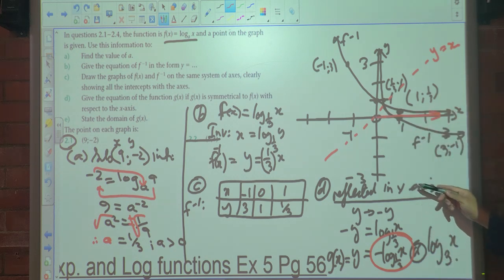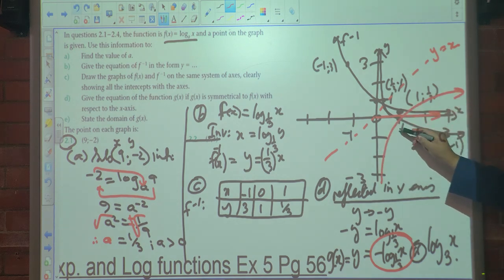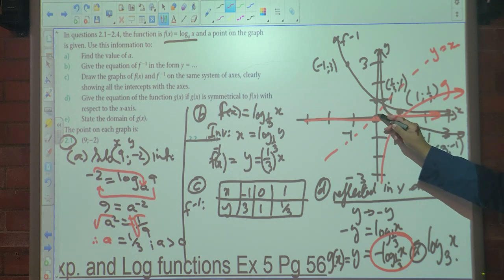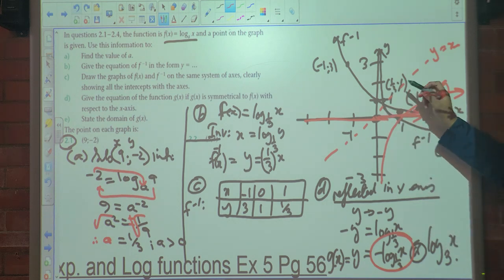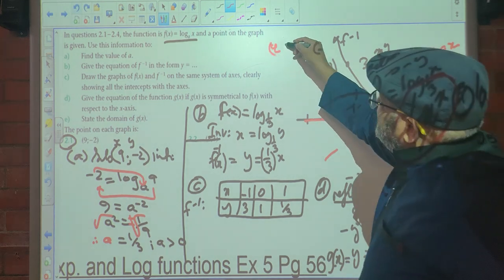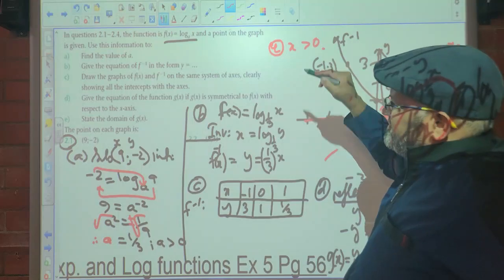So if it's reflected in the x-axis, the y values become negative, then this graph here becomes this graph here of g. Okay, so that's the g graph. It was reflected in the x-axis. So in other words, the domain is x must still be greater than 0.